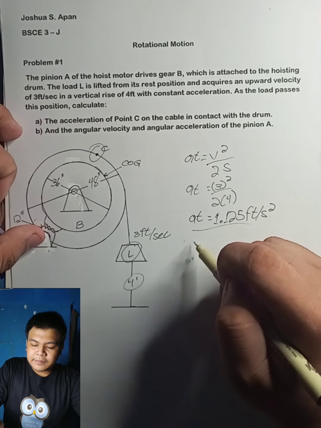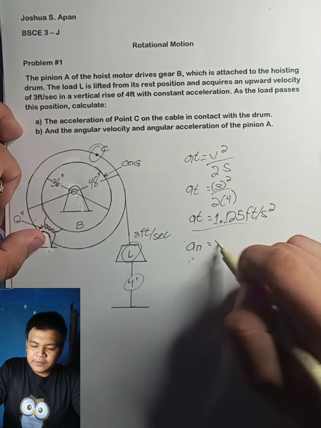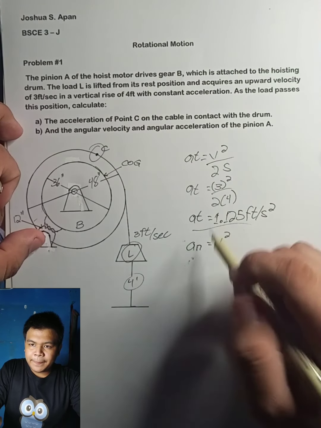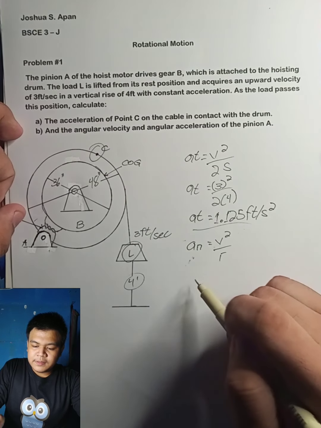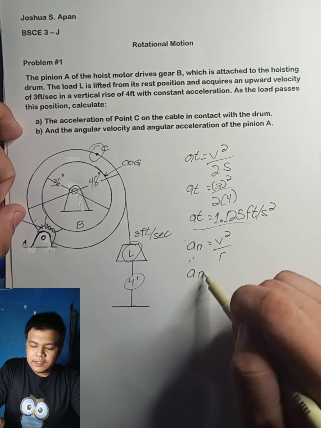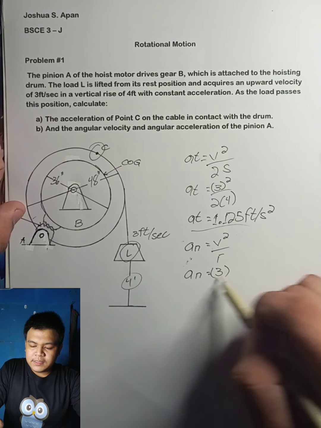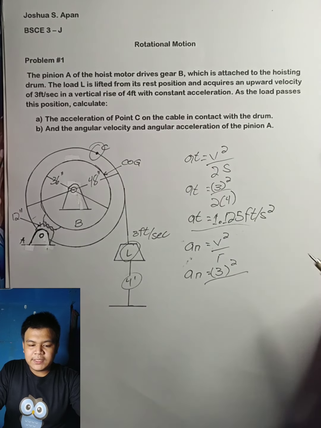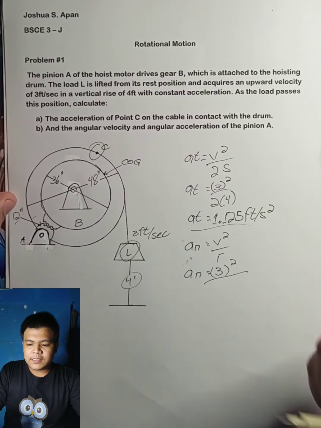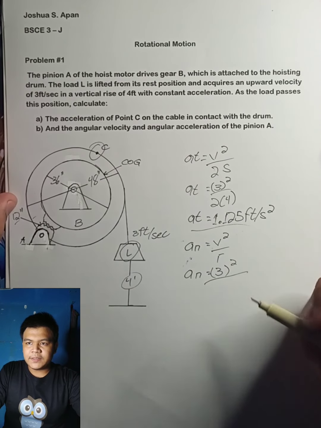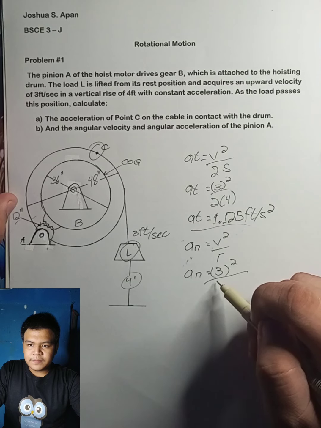And then, sa normal naman, AN is equal to V squared over R. So, AN is equal to 3 feet per second, 3 squared over, may radius tayo na 12 inches. Pero ang kailangan natin is feet. So, 12 inches is equal to 1 foot.